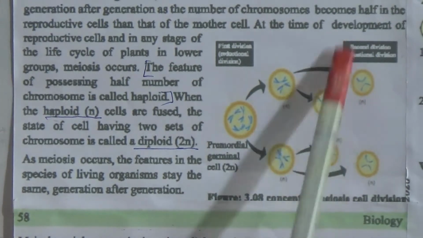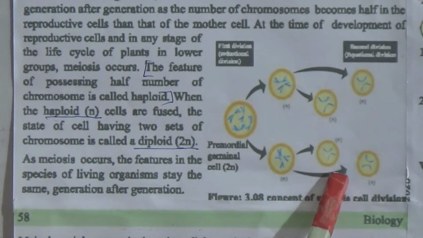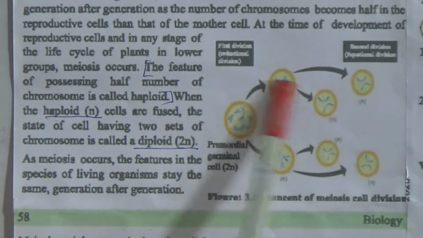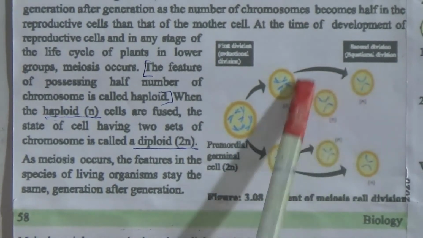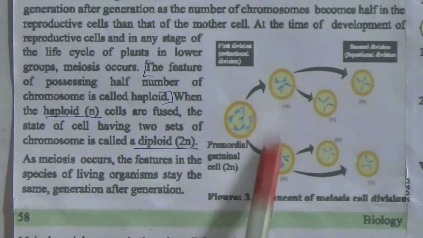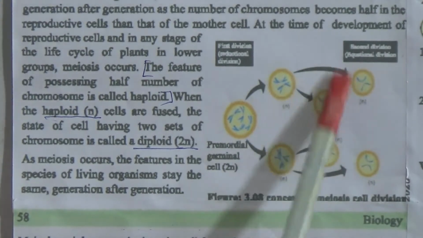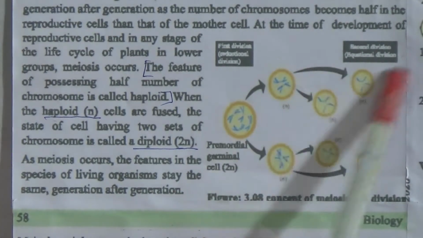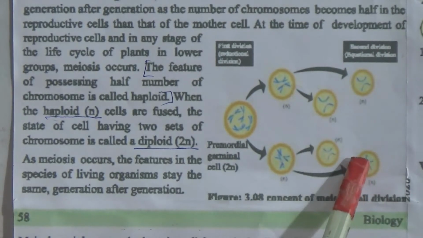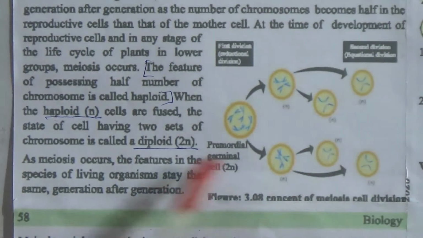These 2 daughter cells again divide into 4 daughter cells, and those also carry 2 chromosomes. The first part is called reductional division, and the second part is the same as mitosis cell division, that is called the equational division, and thus the number of chromosomes becomes half of the mother cell. It is very important for continuing the same chromosome number for the same species.